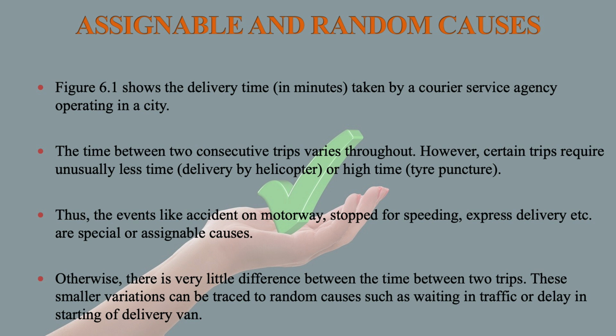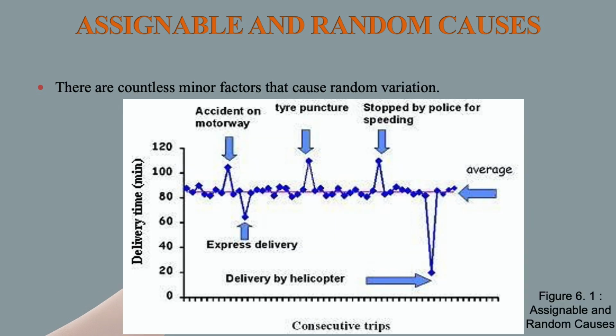Otherwise, there is very little difference between the times between two trips. These smaller variations can be traced to random causes such as waiting in traffic or delay in starting of the delivery van. There are countless minor factors that cause random variation.